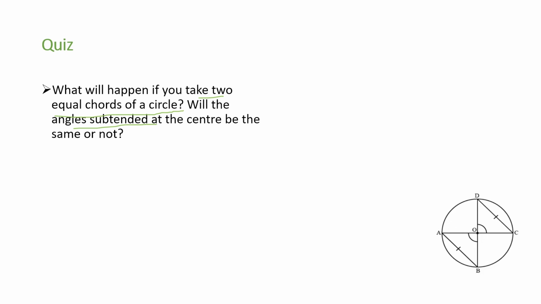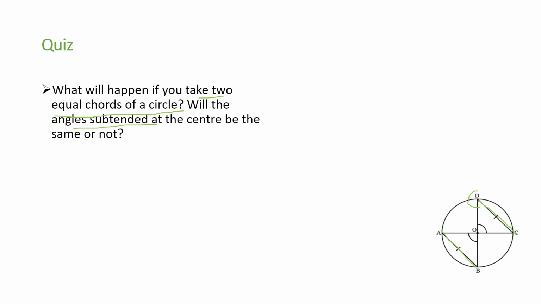I give a diagram. This line DC is one chord and AB is the other chord. The assumption is AB is equal to CD. Now the chords are equal.